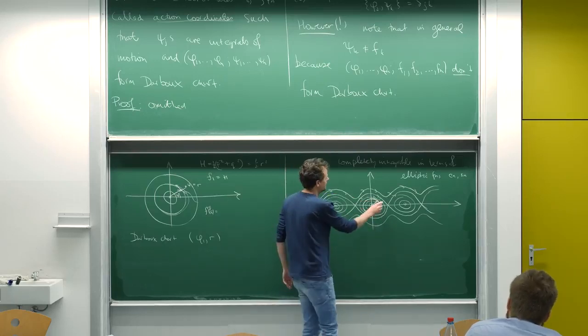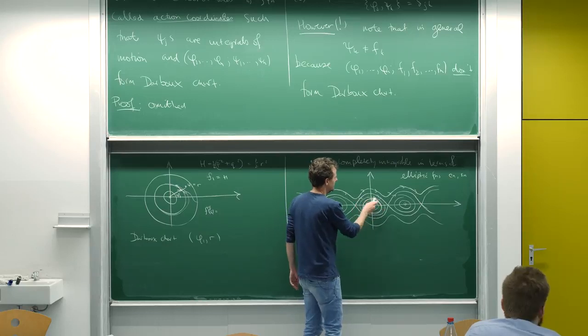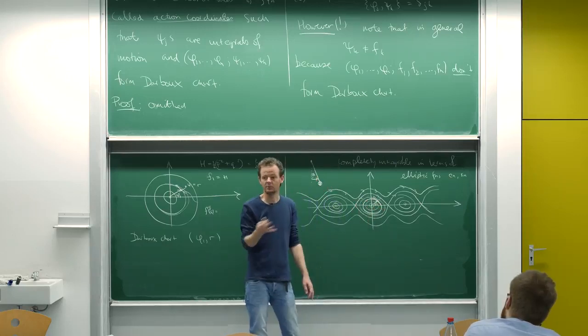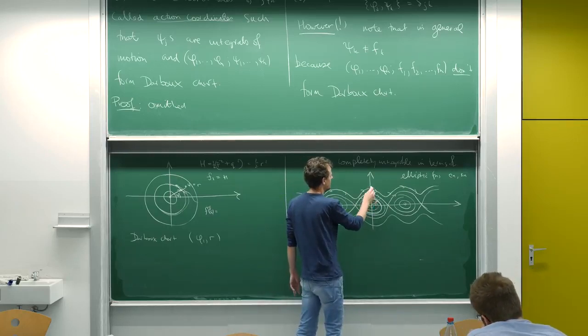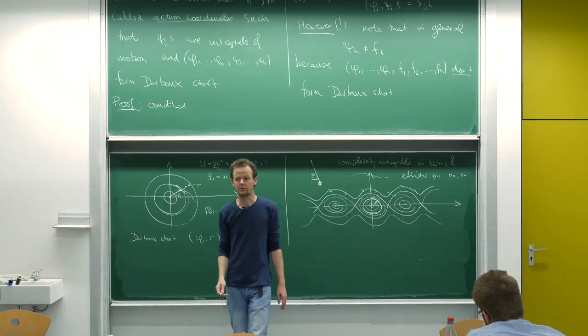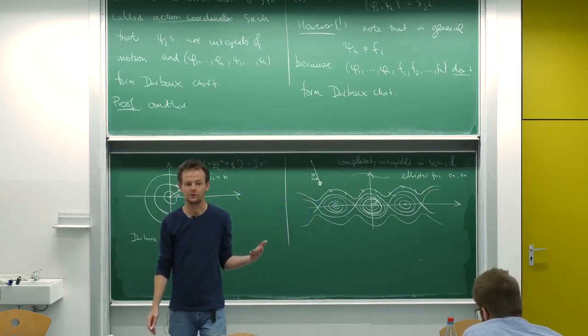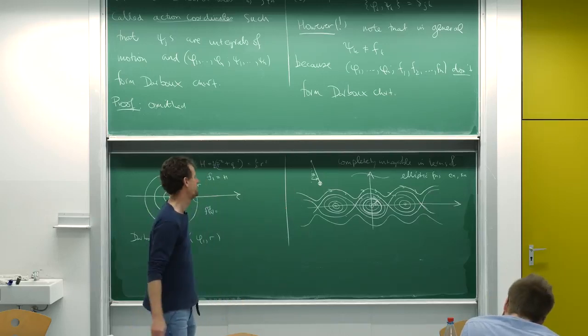And then there comes this critical region here which separates level sets being tori from level sets being the real line. Because if you pick a point outside the separatrix here, then every trajectory out here is of the form of the real line, right? It's no longer a torus, it's actually open.